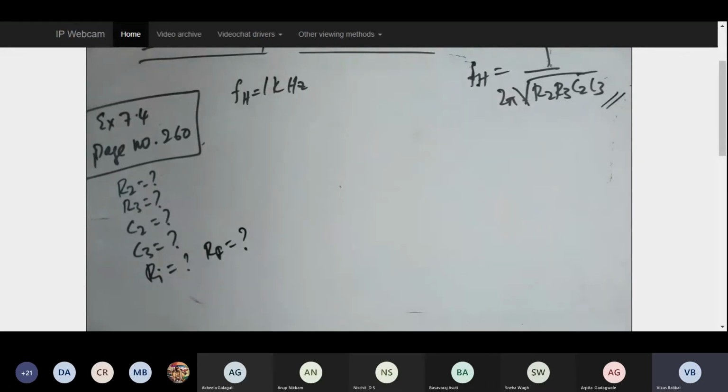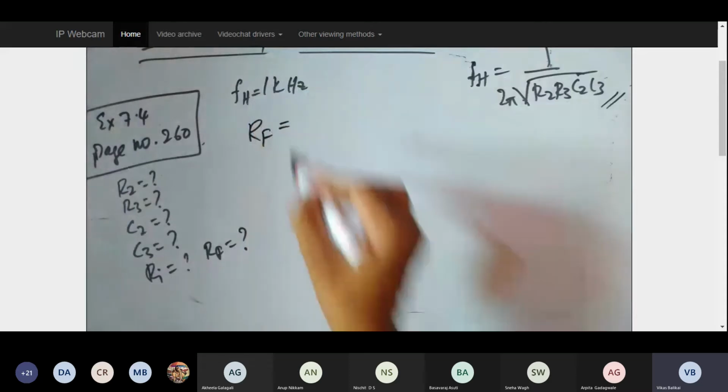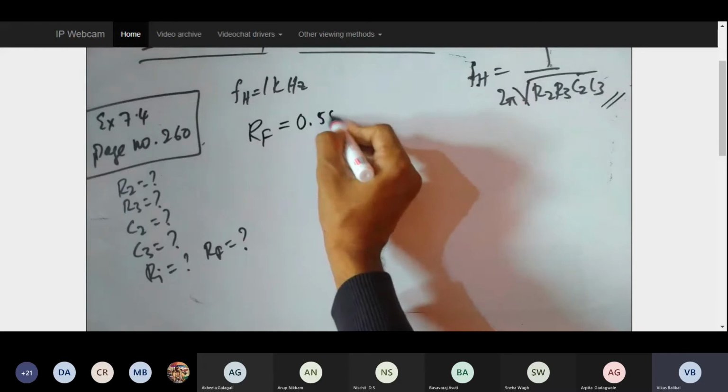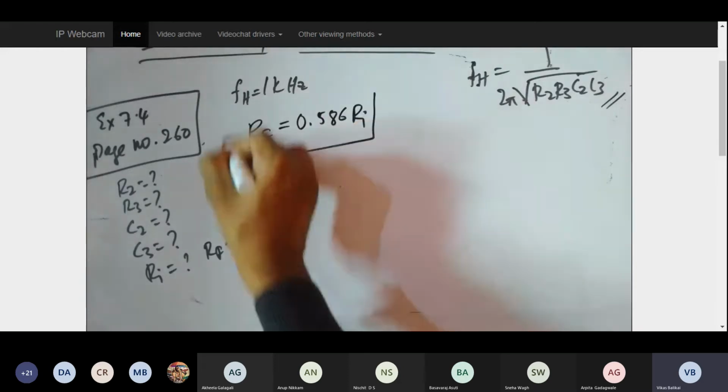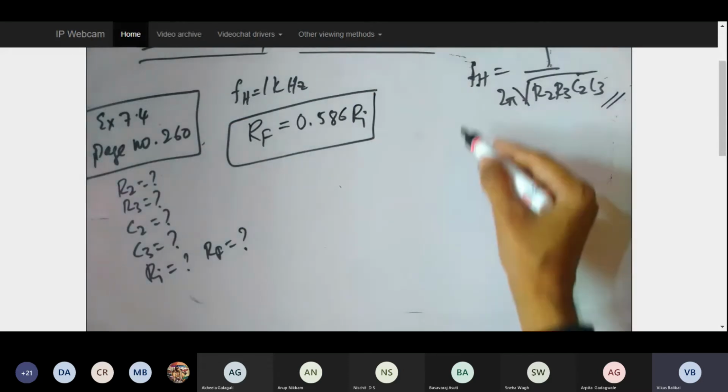Whenever you try to obtain the value for Rf, Rf for your second order low pass Butterworth filter is always given by 0.586 times Ri. You just remember this. Now you may ask, what is Ri I should consider? I'll just draw the circuit once again here for your understanding.